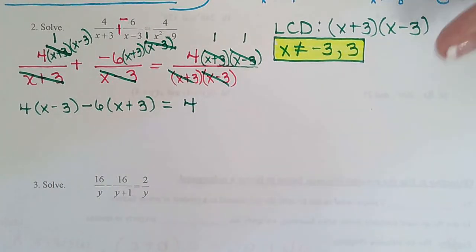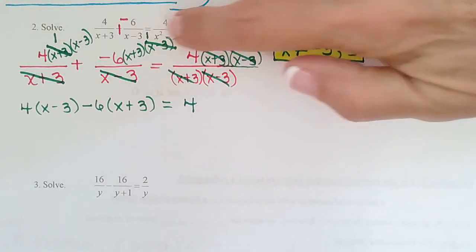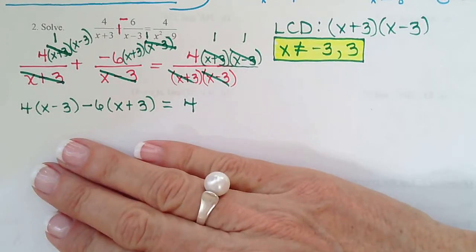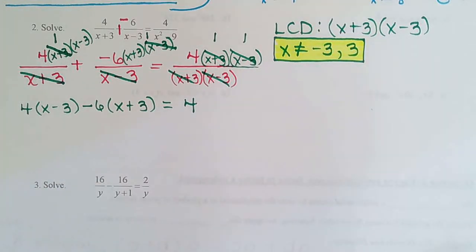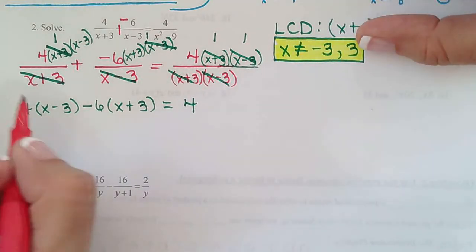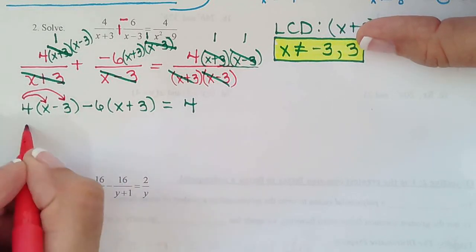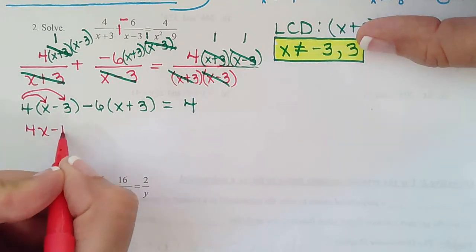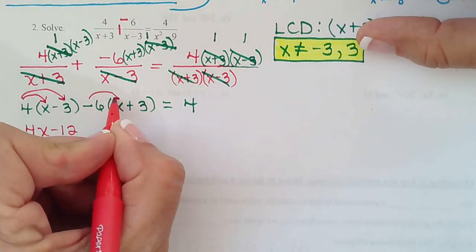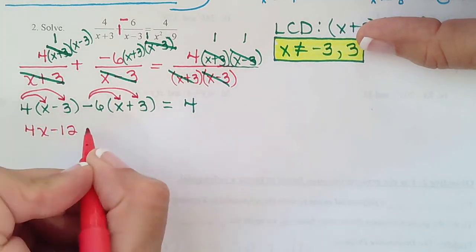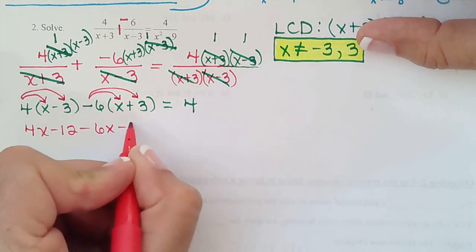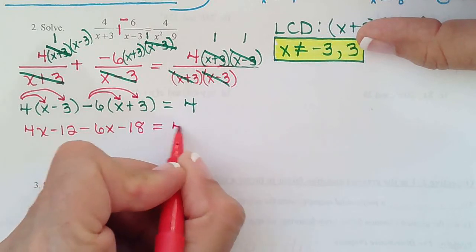Look at that beautiful equation we have left. So we took this ugly mess and turned it into beauty. Simple little equation. Distribute, combine like terms, solve for x. Check the box. So we have 4x minus 12 minus 6x minus 18 equals 4.